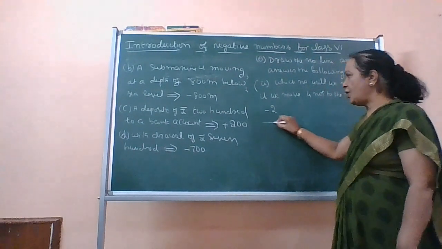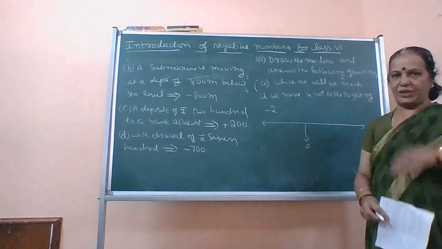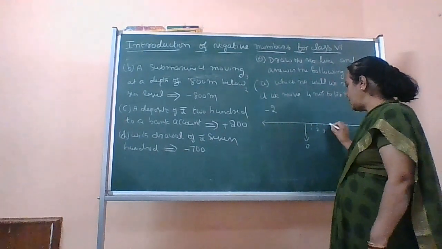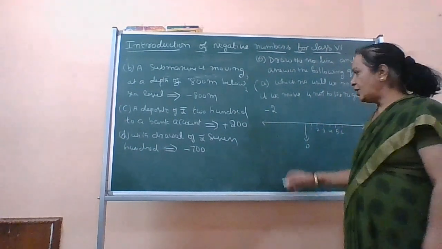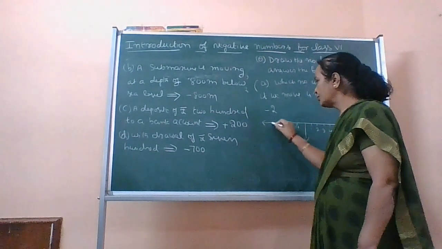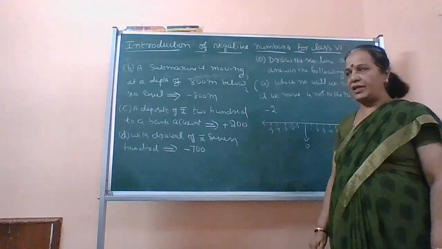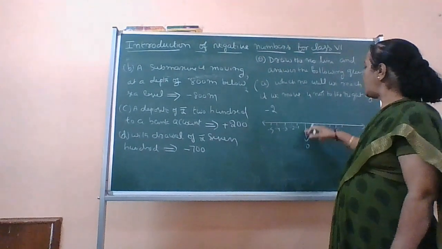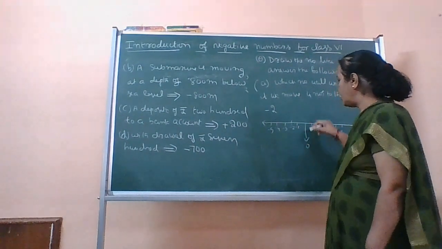For that, first you have to draw the number line, and always 0 comes in between, and then write all the positive numbers towards the right side of 0 on the number line, and write all the negative numbers to the left side of 0. Now, if we move 4 numbers to the right of minus 2, you will start with minus 2 and you will go 1, 2, 3, 4.